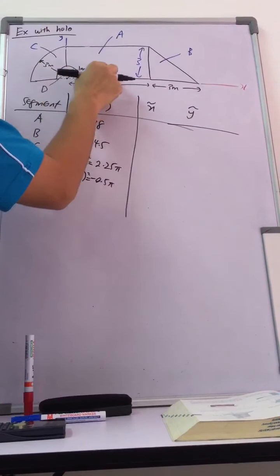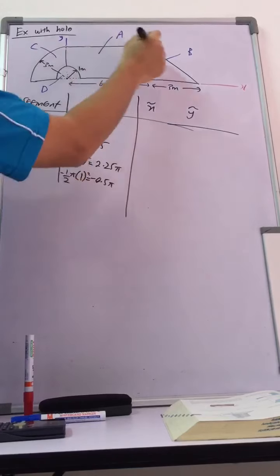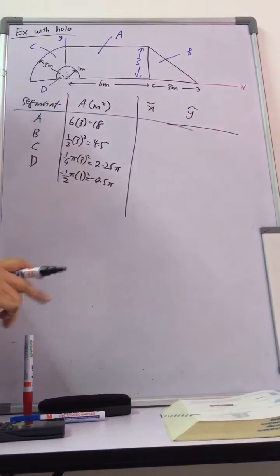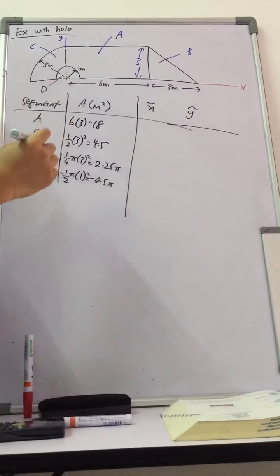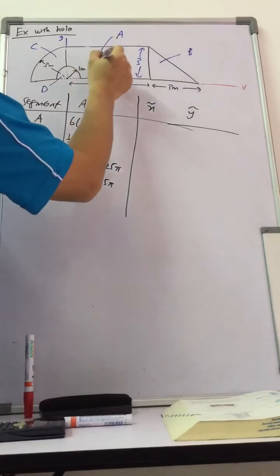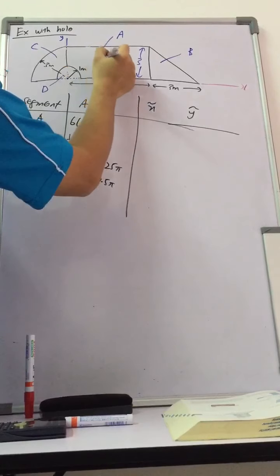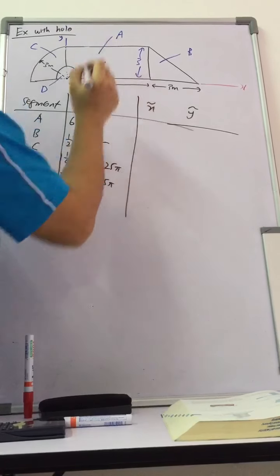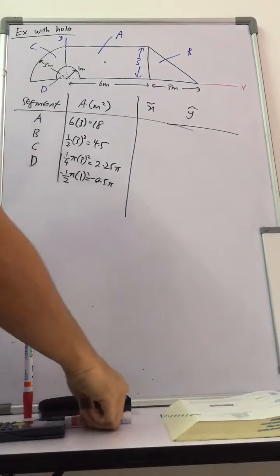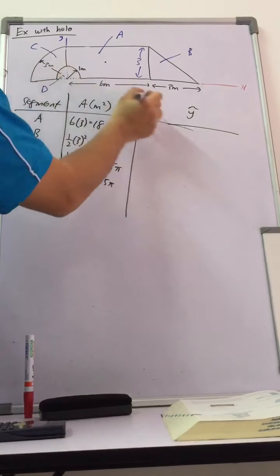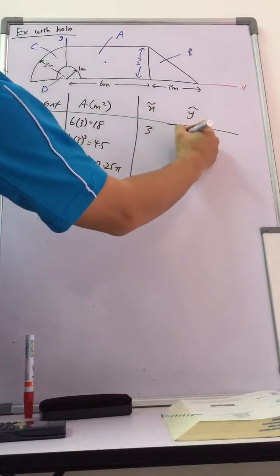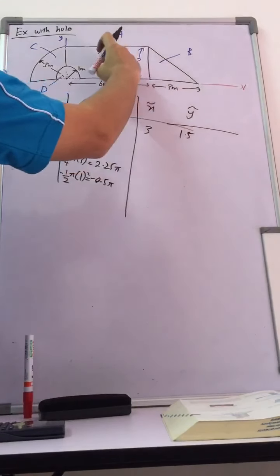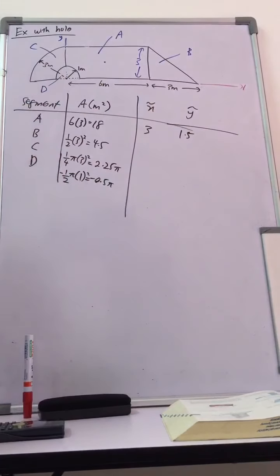So from here to the center, for the rectangle, the centroid will be in the middle, right? Half of this, half of that. So this is the centroid. How much is this? The x will be positive 3, and the y will be 1.5, half of 3, 1.5.